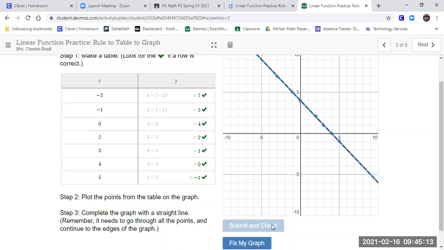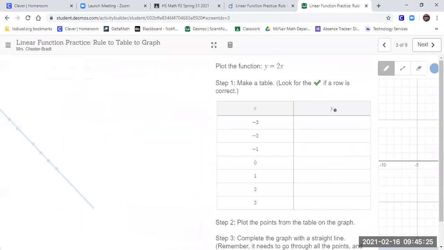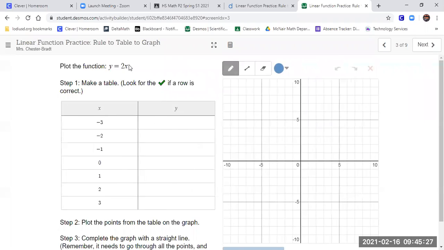All right. We still need more time to fix what we started. Okay, let's go on to the next one. This one says I take my x and what's this 2x mean? What's that 2x mean that we're supposed to do?